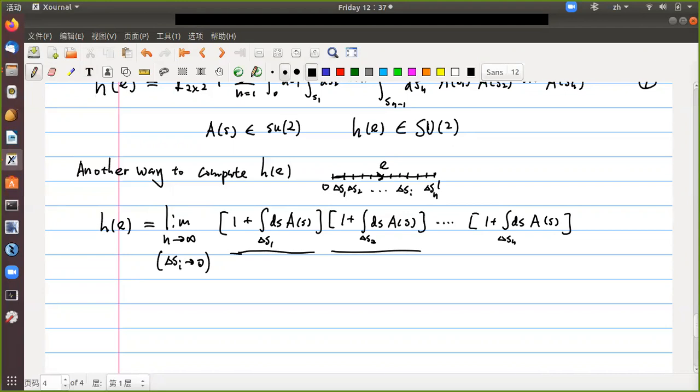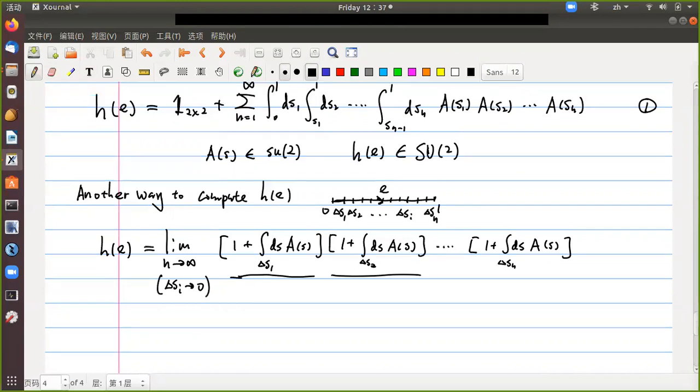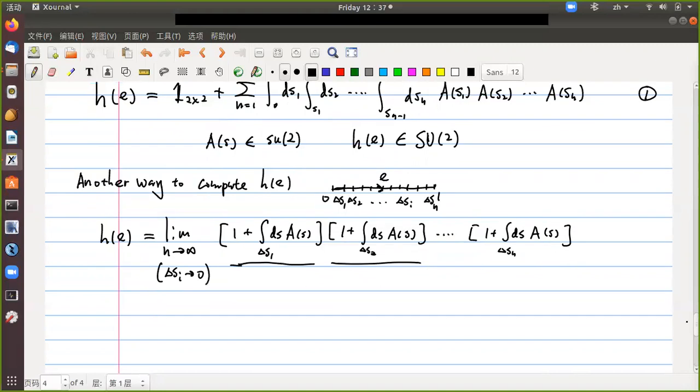Okay, so you can also relate this to the ordinary exponential: this is the analog of exp(x) equals the limit as n goes to infinity of (1 + x/n) to the power n. This equation I will call equation 2.